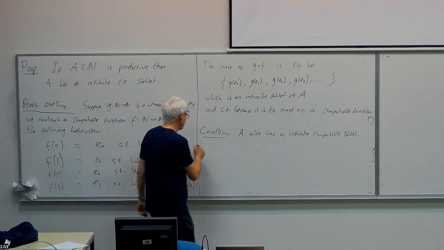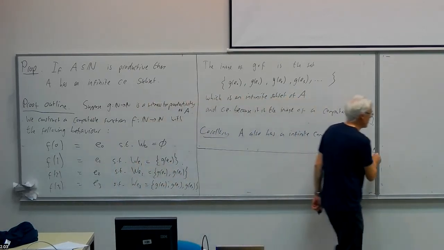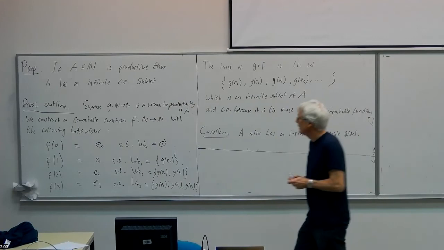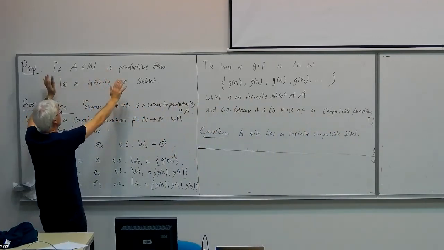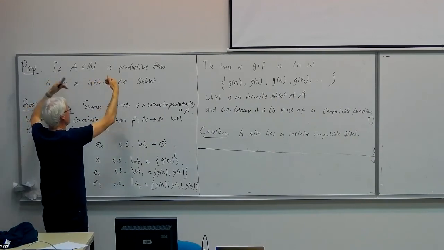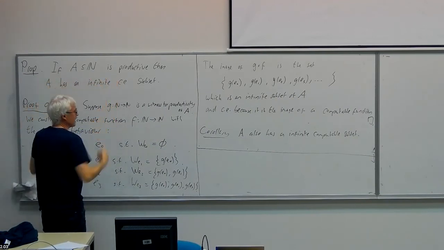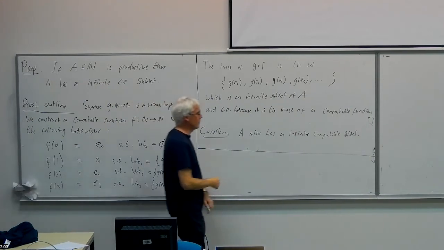Okay. I'm going to write that down. So what we've got is that we have a productive set, it's not computably enumerable, but it has an infinite computably enumerable subset, and indeed an infinite computable subset.